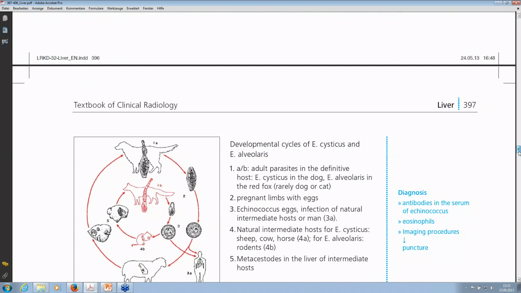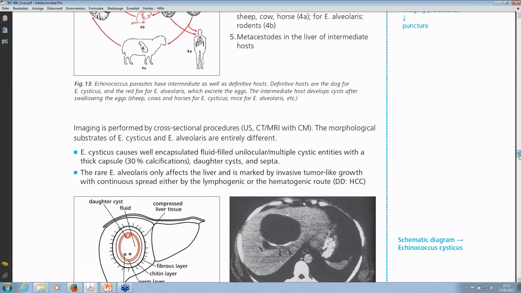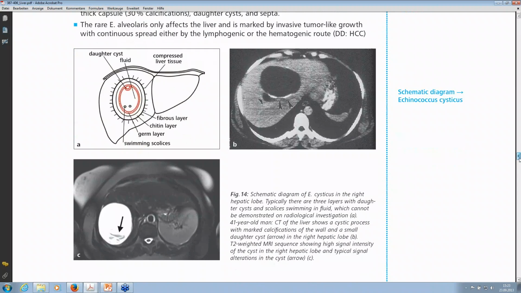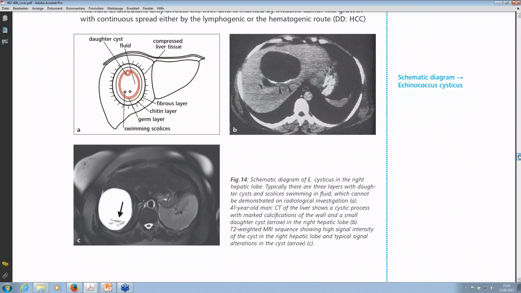I don't show you an echinococcal cyst in sonography now, but it is present if you see any kind of calcifications like in this CT. So cysts are important. If an abscess could be questionable, and if there are calcifications, think of an echinococcal disease.